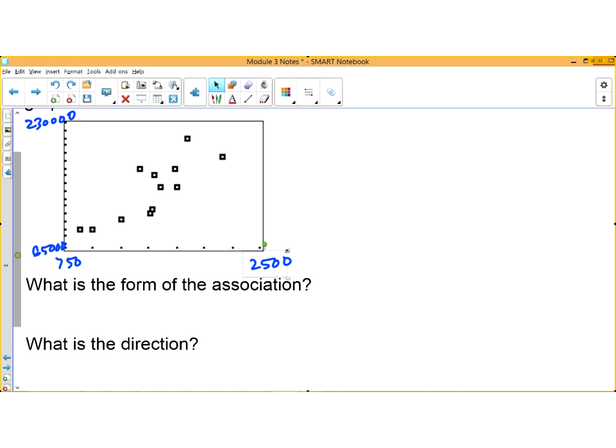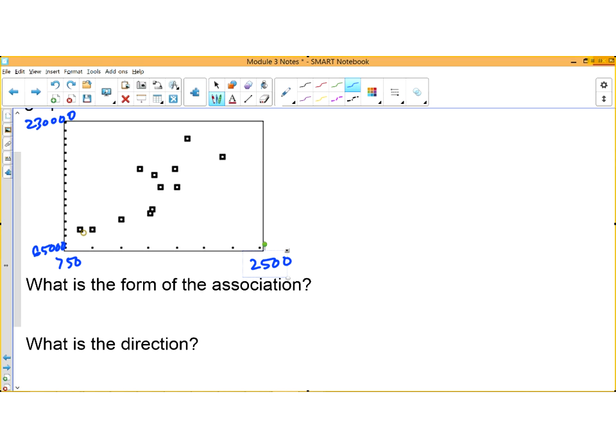First of all, form. What sort of forms can the data have? Really, what we're thinking about is what sort of pattern do our data follow? So clearly there's an increasing pattern, but that's actually the direction, not the form. The form is, if we were to use some sort of graph that approximated the data, what would the best type of graph be?